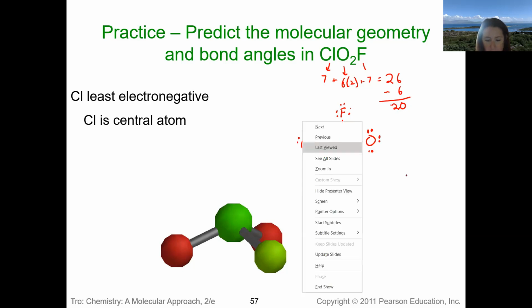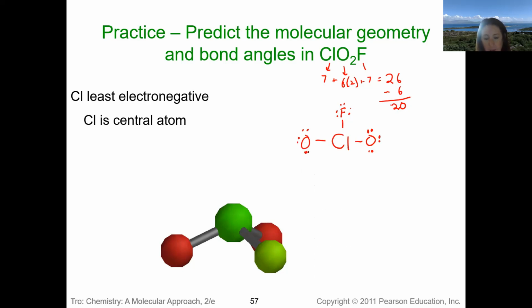I feel like I was reading the chat and didn't count these right. Let me do this again. This is 20: 2, 4, 6, 8, 10, 12, 14, 16, 18, 20. See what happens when you get distracted? This is why I say don't rush counting by 2s, because then you end up having to do it twice, just like I did.